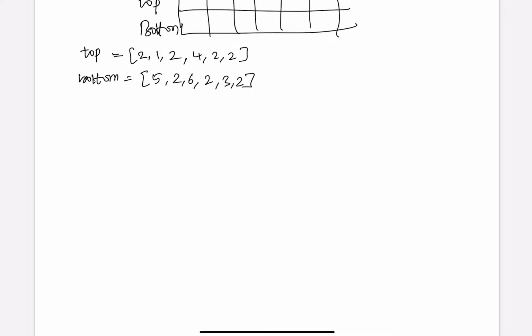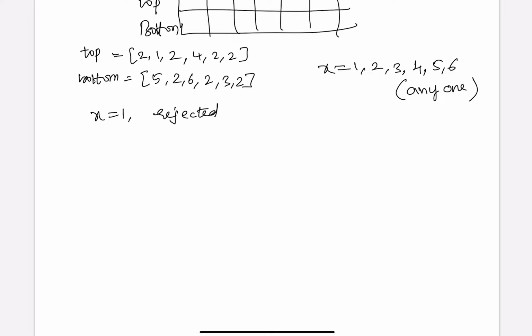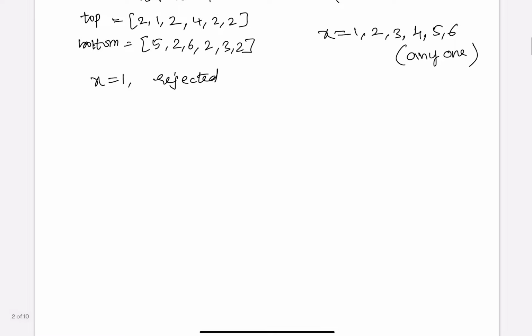So let's say we have x equal to 1 or 2 or 3 or 4 or 5 or 6, and any one we take. So 1 is rejected, because we don't have 1 in the starting element. So we go to 2 next.